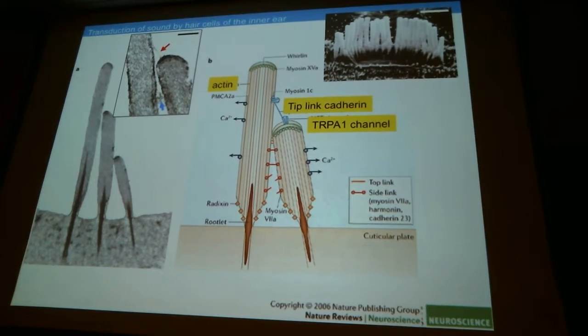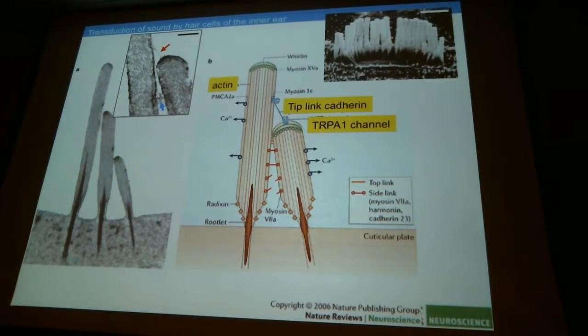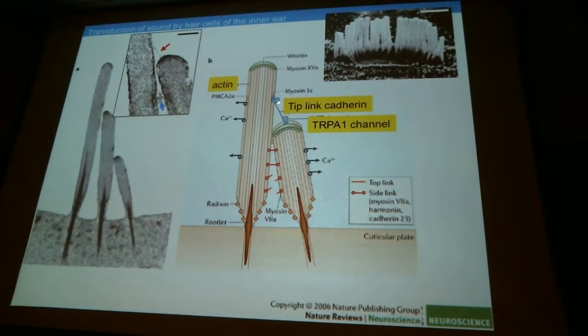So the system is literally a mechanosensitive system with a little string. When the stereocilia are displaced, it pulls on the little string, which opens a mechanosensitive channel. Which seems really crude, but that's what it is. It's literally pulling a channel open on a string.